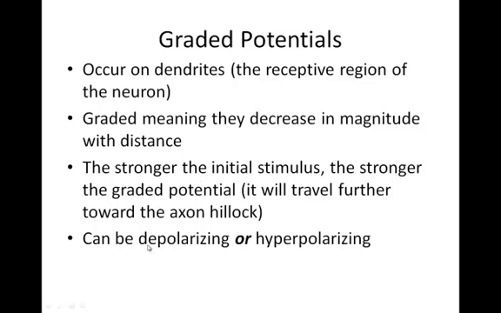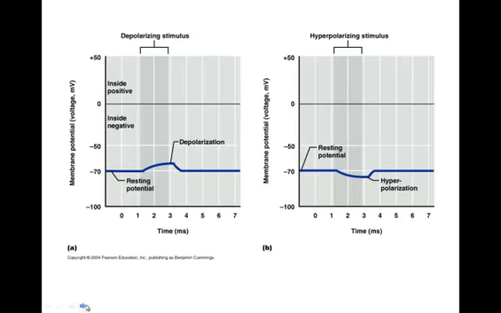Graded potentials can be either depolarizing or hyperpolarizing. So let's look at that on the graph. Here we have resting membrane potential, and this is what a depolarizing stimulus would do.